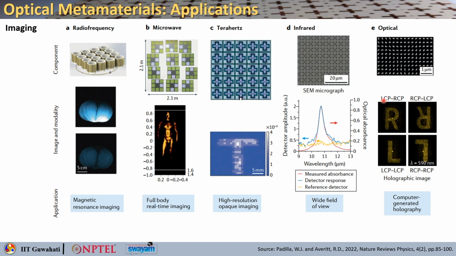So, here you can see left circular polarized and right circular polarized. This one is for RCP LCP, this is LCP LCP, and this is RCP RCP. So, all these different computer generated holography with the aid of metamaterials are possible.